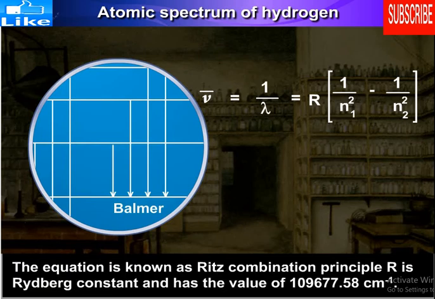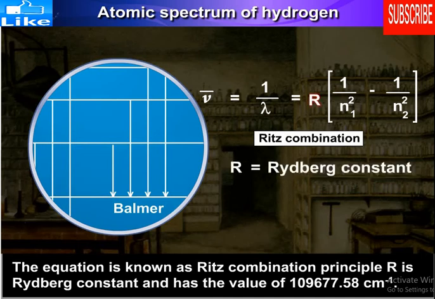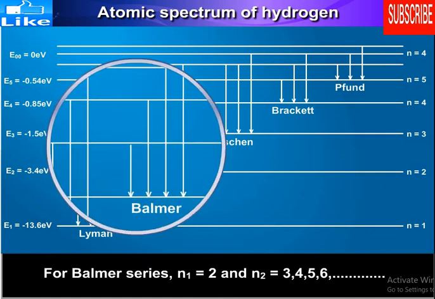The equation is known as Ritz combination principle. R is Rydberg constant and has the value of 109,677.58 per centimeter. For Balmer series, n1 equals 2 and n2 equals 3, 4, 5, 6, up to infinity.